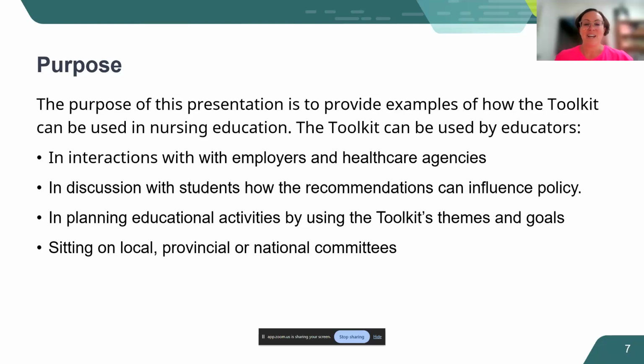And so I think using the toolkit as perhaps a framework for advocacy or representation at local, provincial, or national committees. And these may be within your institutions or beyond. So I think lots of opportunity. And I will just say that, coming together, CNSA, CASN, and myself, my role involves collaboration.